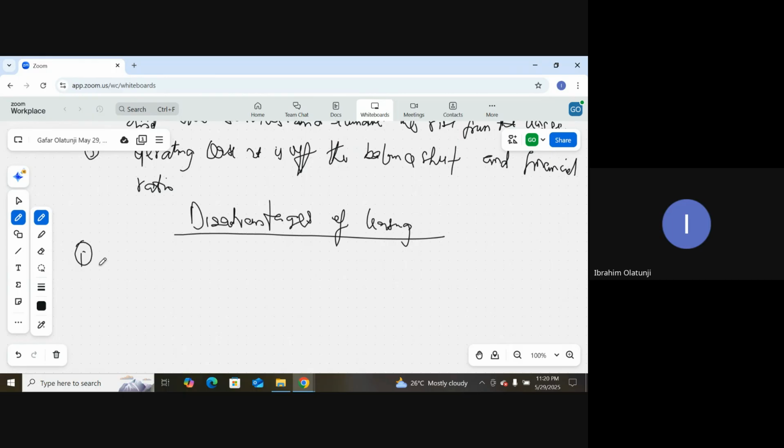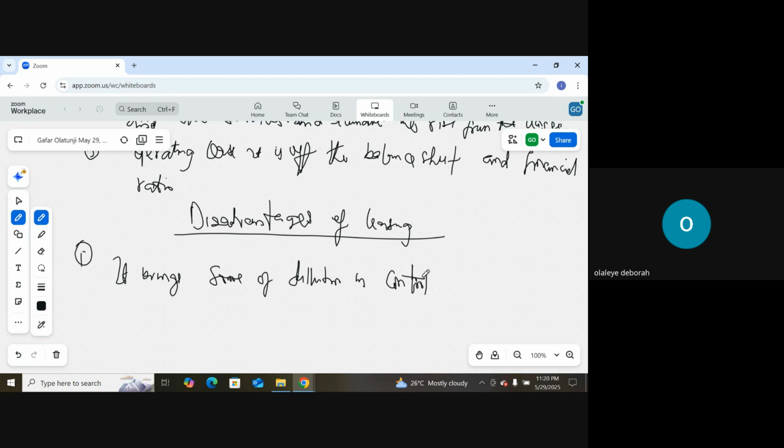Number one disadvantage of leasing is that it brings some dilution in control. Dilution in control.